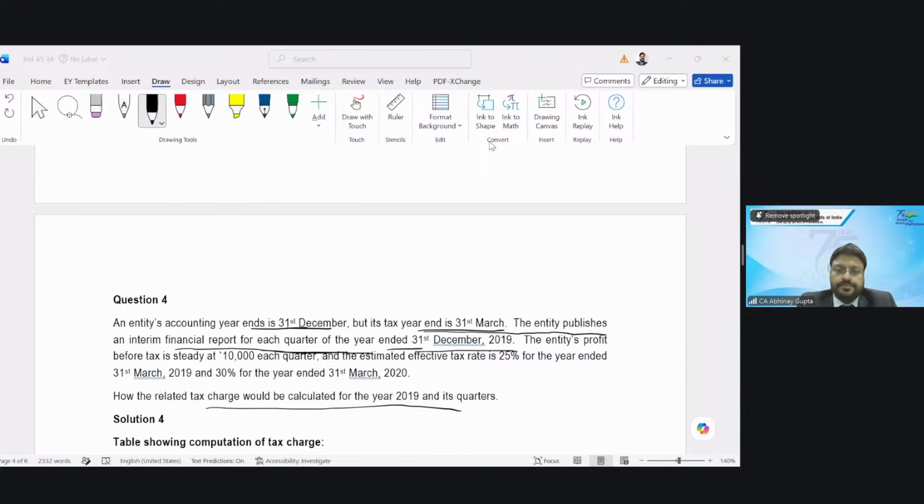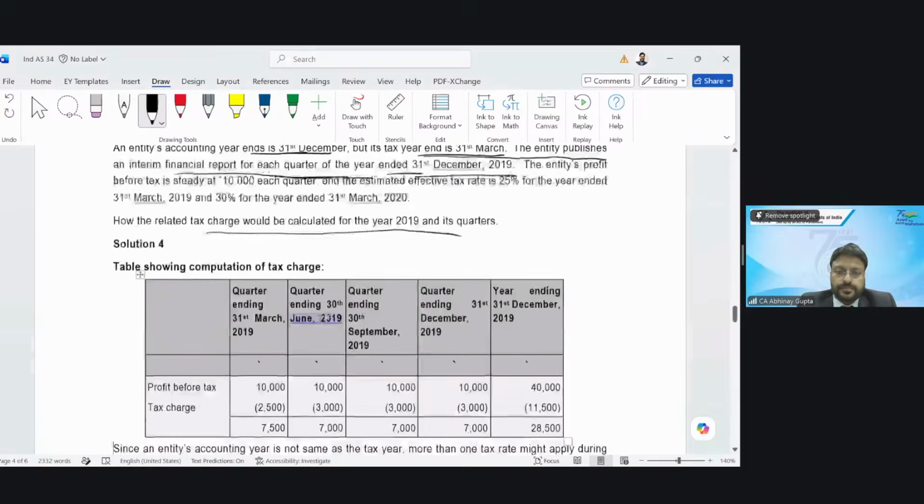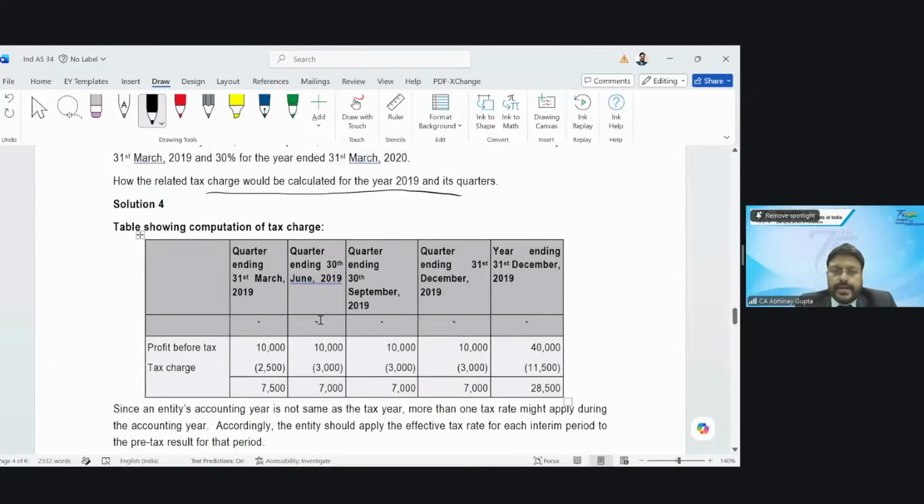Okay, let's see. For the quarter ended 31st March 2019, how much is the profit? 10,000. What is the tax rate? 25%. So 7,500 would be the profit after tax, so the tax charge is 2,500, right? But for the quarters ended 30th June, 30th September, and 30th December 2019, what would be the income? 10,000, 10,000, 10,000, and 10,000, totaling 40,000 for the year end, right?